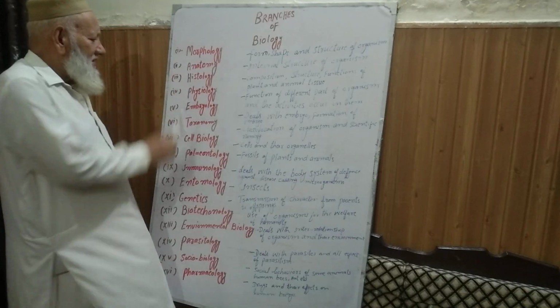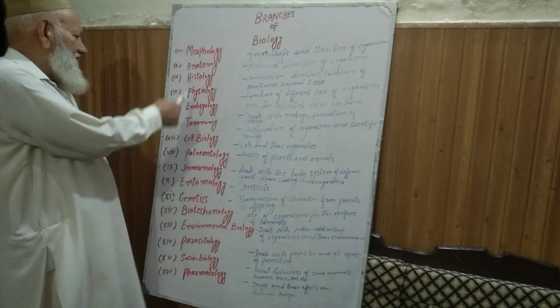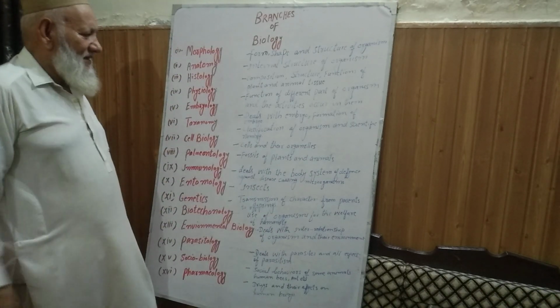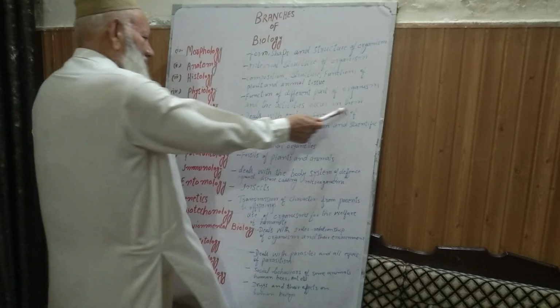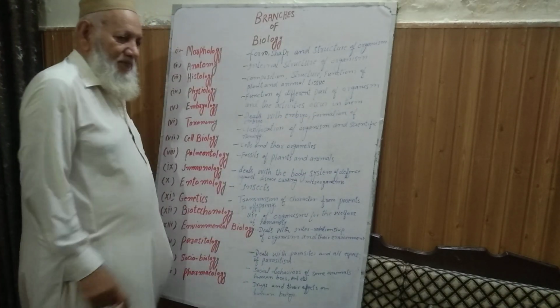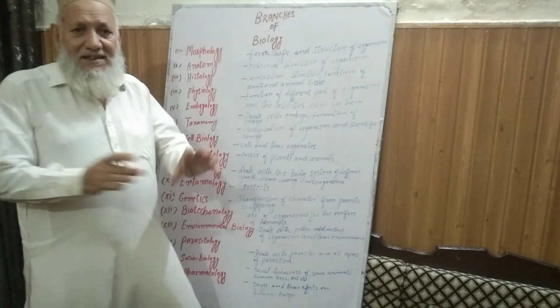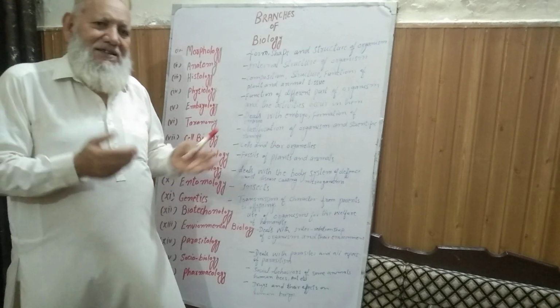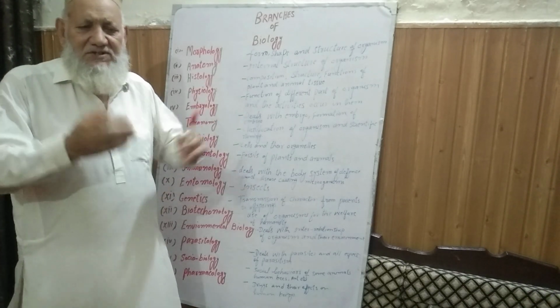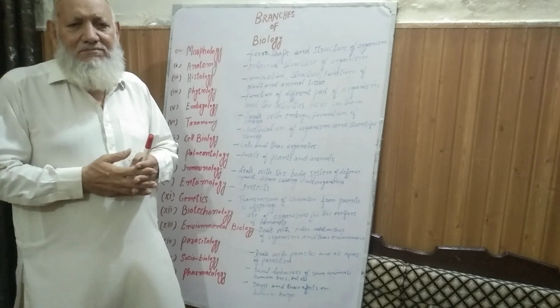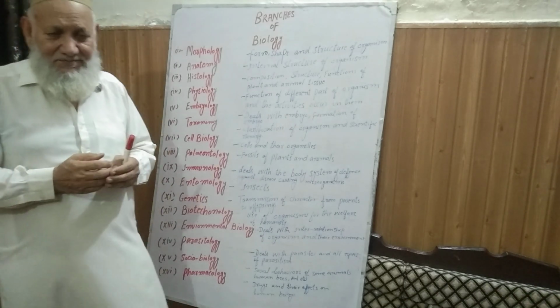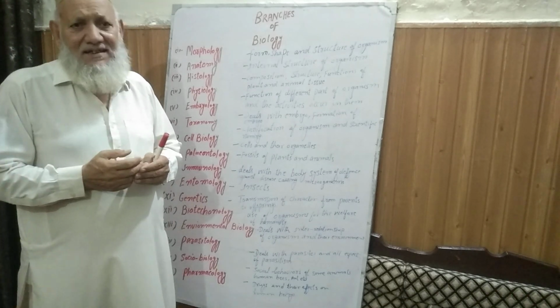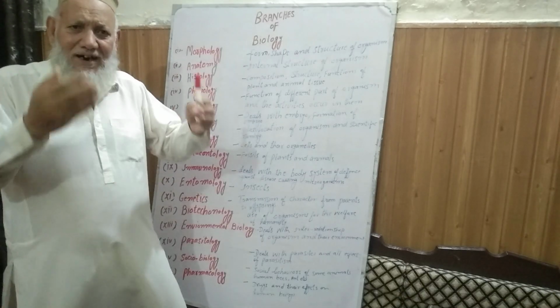This is the fifth branch of biology, embryology. It deals with the embryo, the formation of the embryo. Male and female gametes meet with each other and form the embryo, and later on they create the new organism.